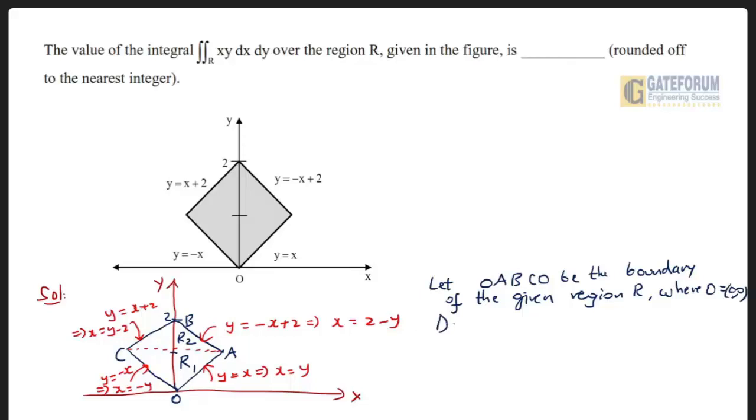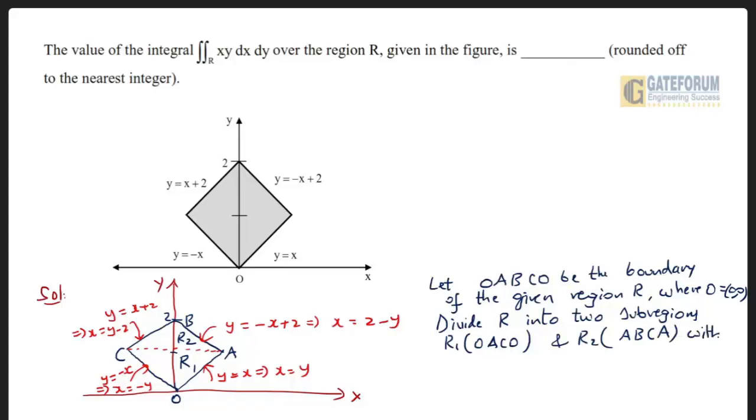Now divide region R into two subregions: R1, whose boundary is OACO, and R2, the second subregion, whose boundary is ABCA, with horizontal strips.